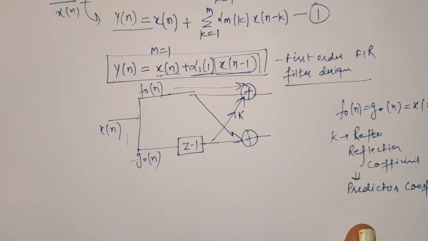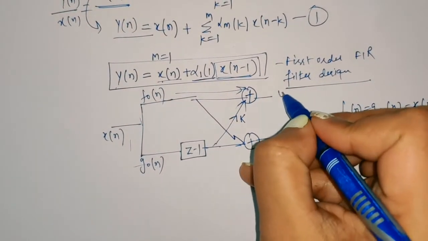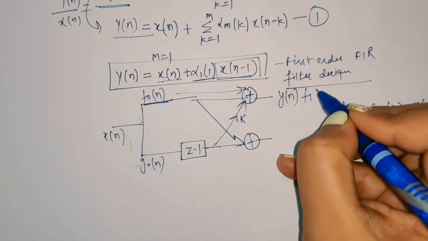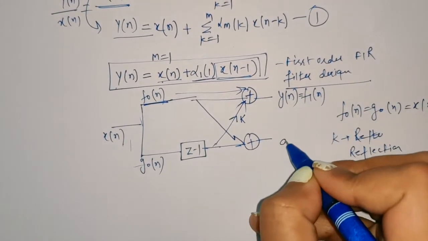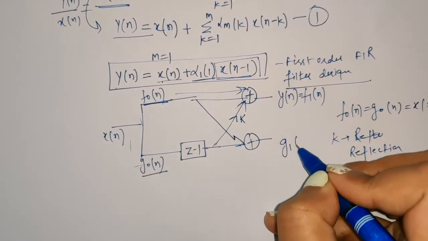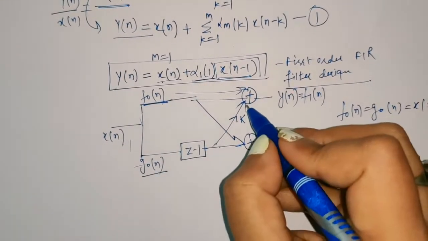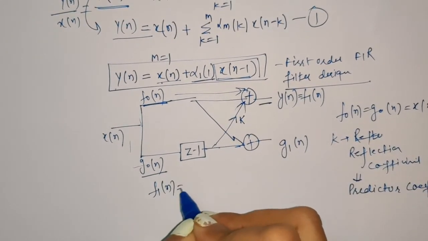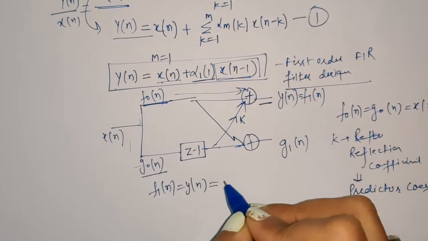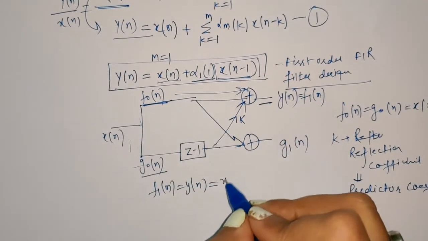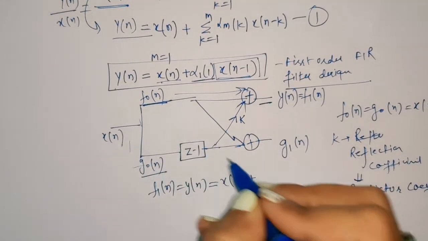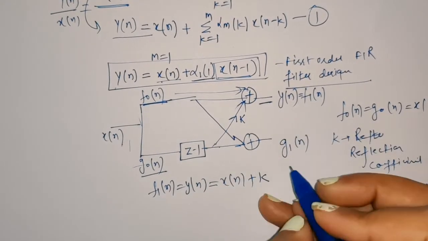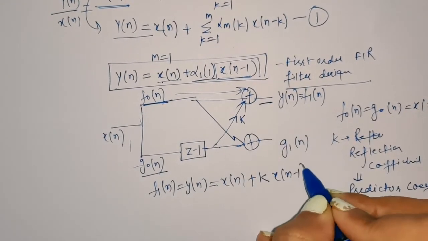Okay, so here we'll get the y(n). If this is your f0 for the initial stage, this would become your f1(n), or y(n), and if this is your g0(n), this would become g1(n). So this y(n), or f1(n), is nothing but f0(n) or x(n), plus x(n) delayed by 1 unit and multiplied by k, so k x(n minus 1).